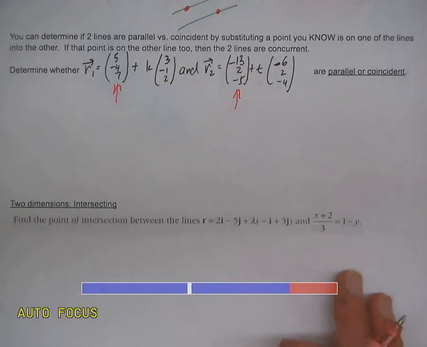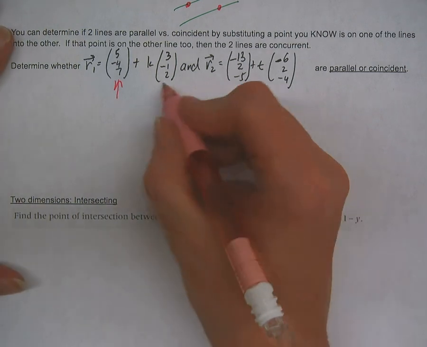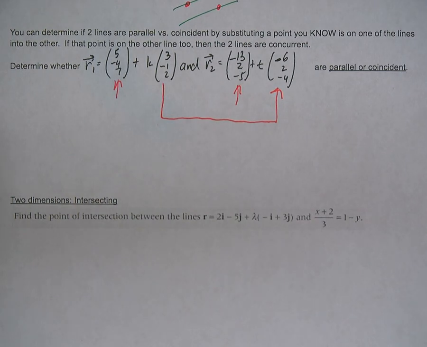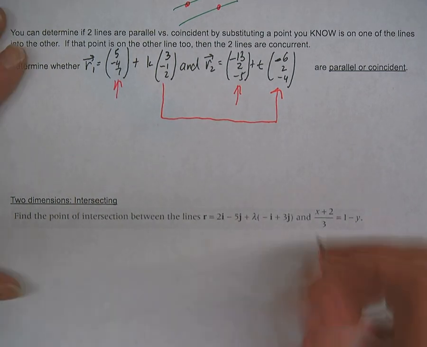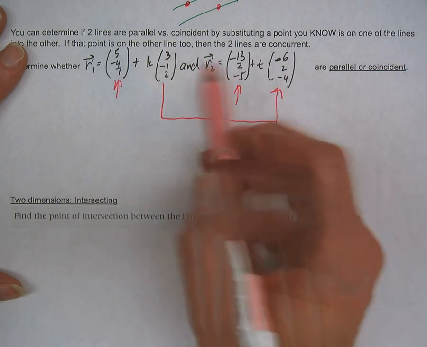So let's take a look at the algebra behind doing that. We are going to figure out whether the 2 lines R1 and R2 are parallel or coincident. Now, notice that they both have direction vectors that would simplify down to the same thing, or we can think of them as scalar multiples. If I multiply 3 by negative 2, I get negative 6.